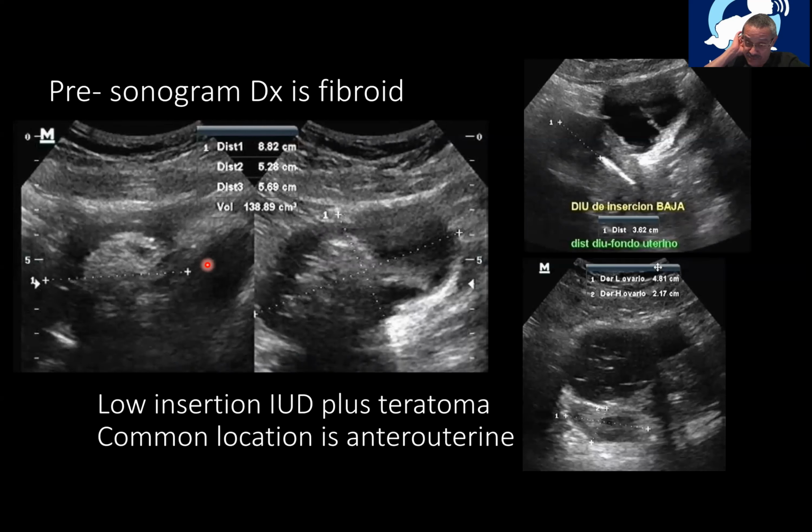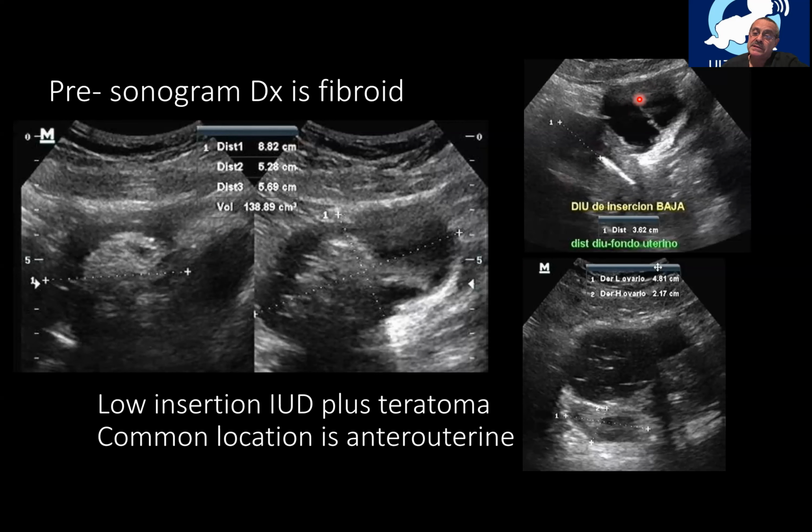Sometimes we are the second opinion of something. A colleague can think it has a fibroid because something moves with the uterus and find a teratoma or another nature of mass, which is here, anterior to the uterus.